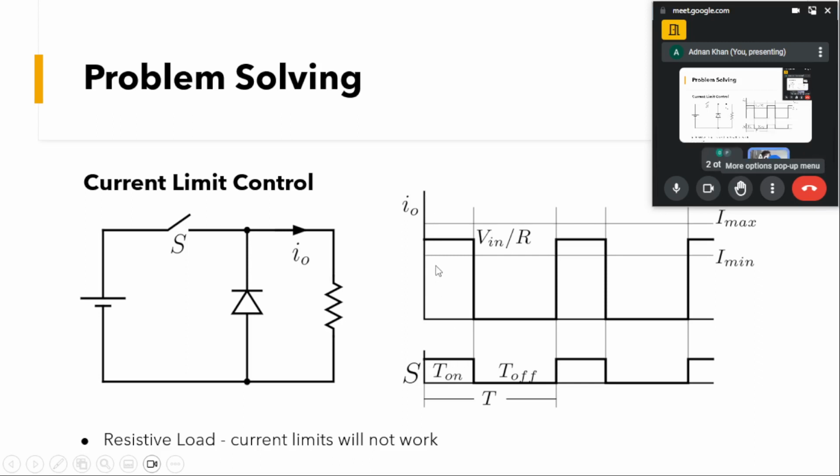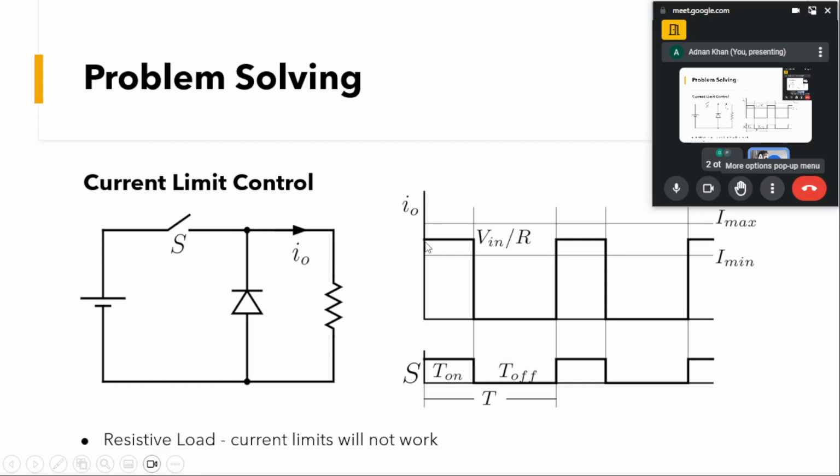So the switch will turn on here, and when it touches this upper band limit, the device will turn off at the starting instant only. So in case of the capacitor also, this current limit control is not possible, as it will give false triggering of the switch.